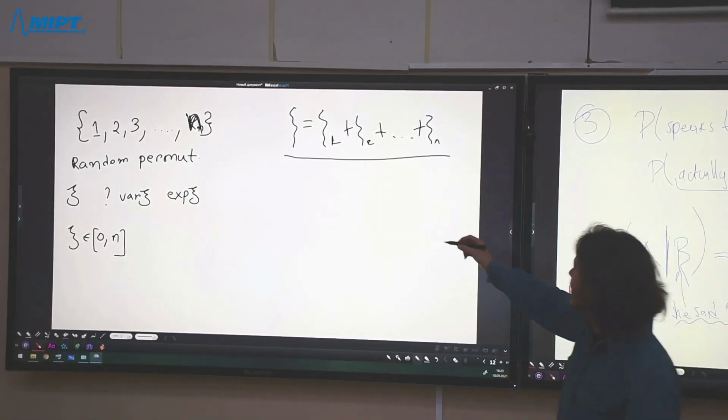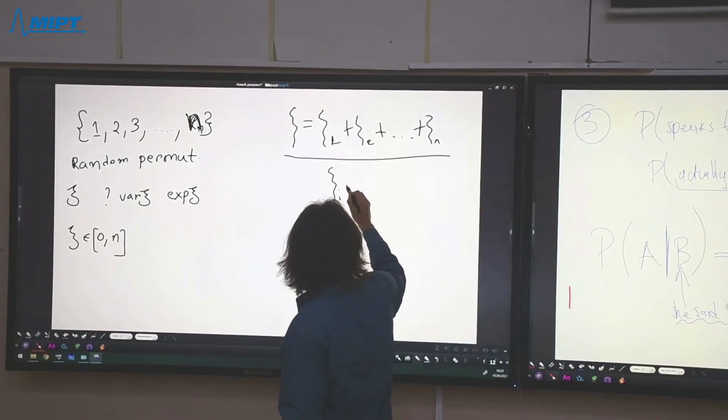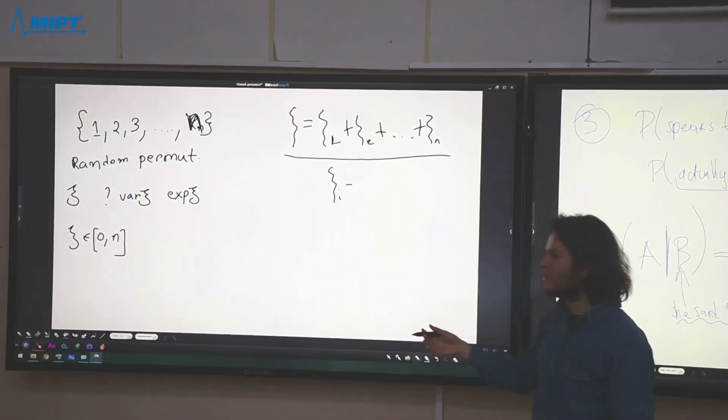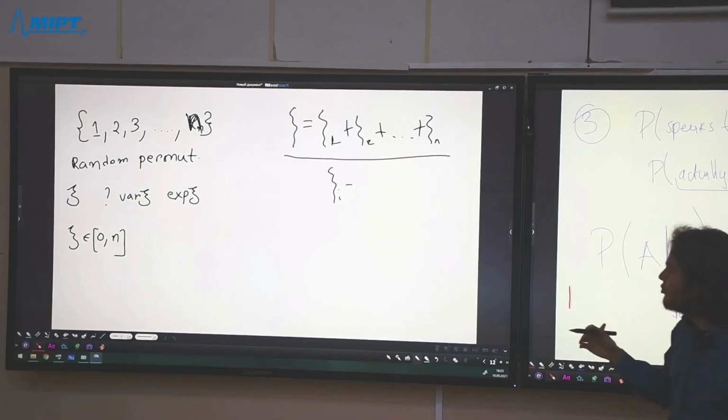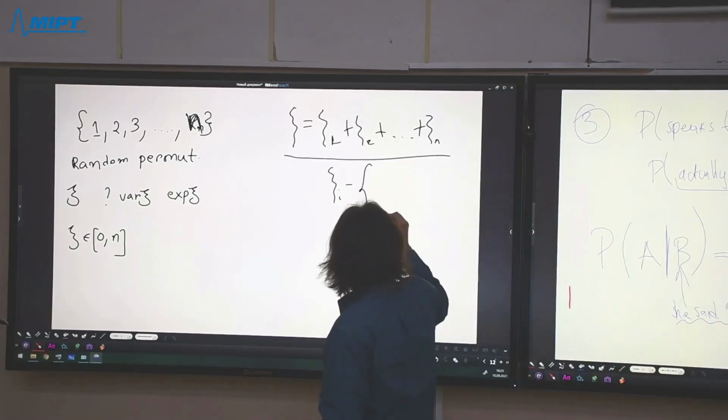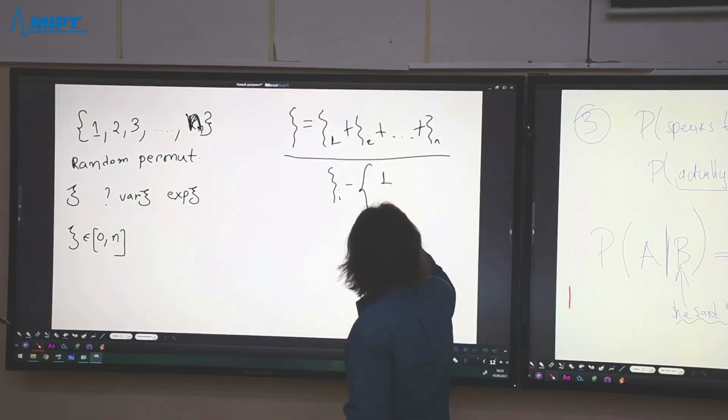So psi i is an indicator random variable. What's an indicator random variable? An indicator random variable is a random variable which takes only 2 values, 1 and 0, right?